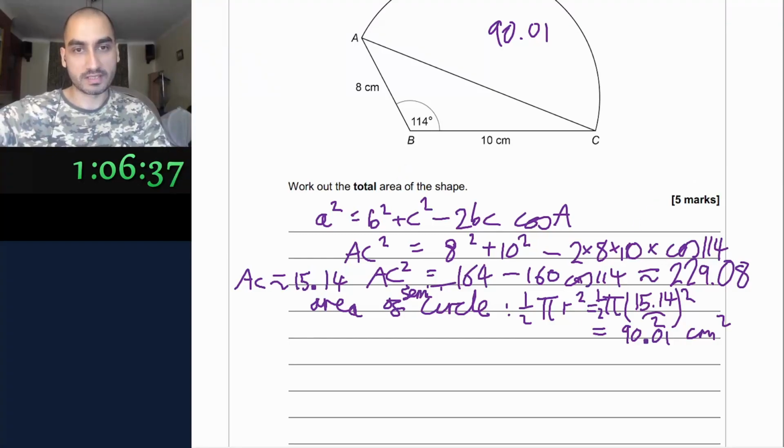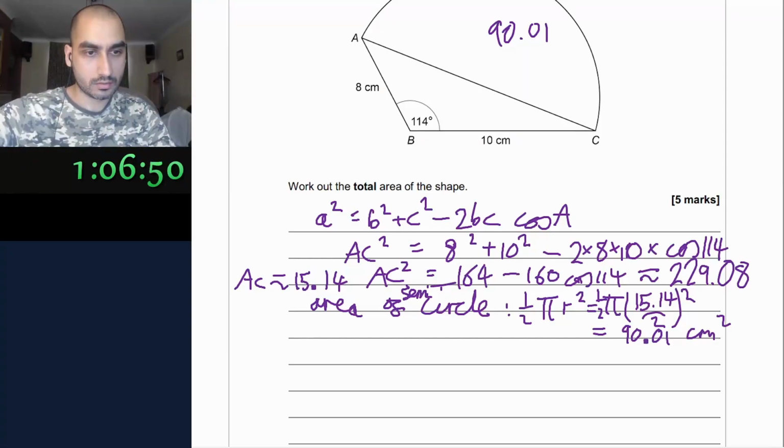I think it's half AB sine C. GCSE maths formula sheet. Alright, let's have a look at this. Half AB sine C. Okay.